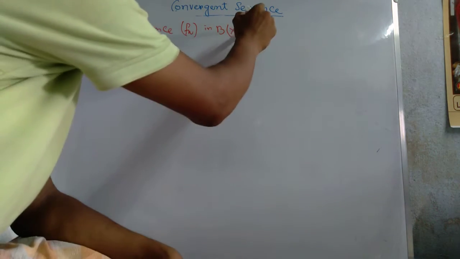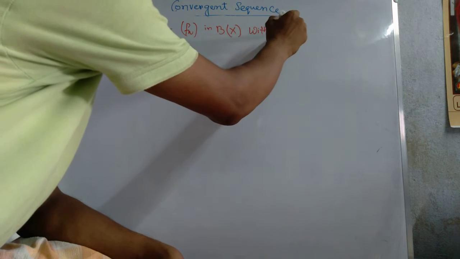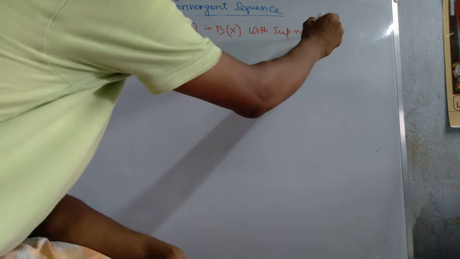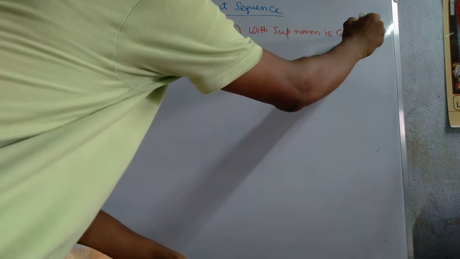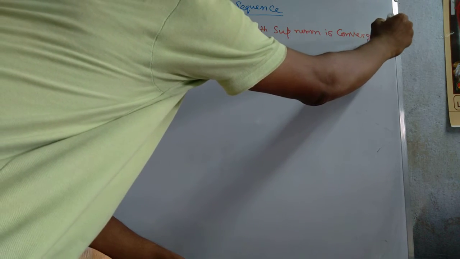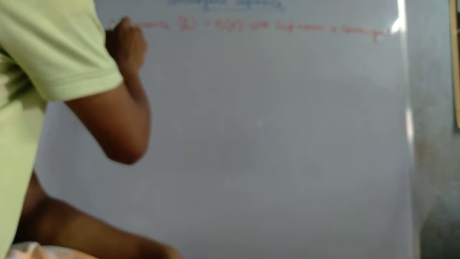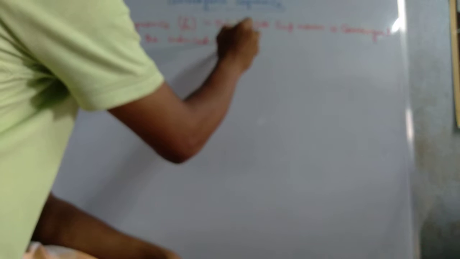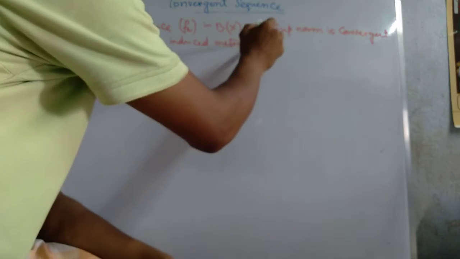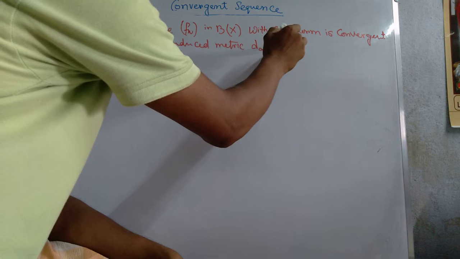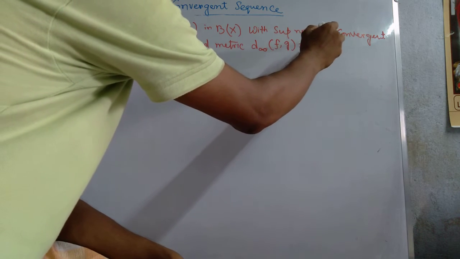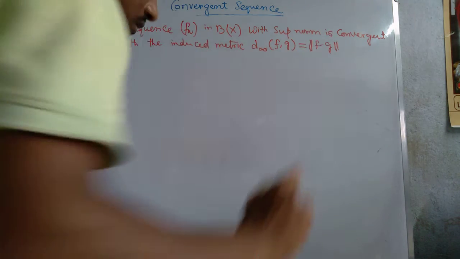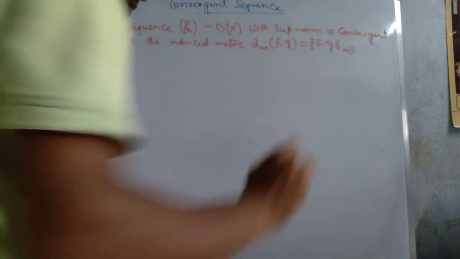With the sup norm, it is convergent with the induced metric d infinity, where d infinity(f, g) equals the norm of the difference f minus g, infinity.